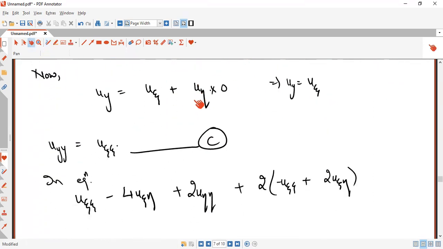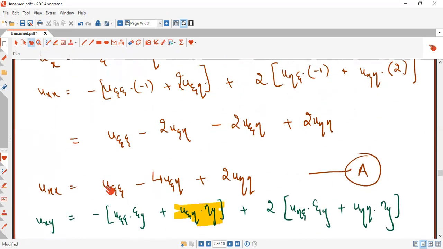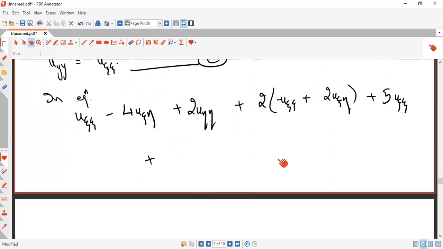Plus 5 times u xi xi, plus ux. What is ux? Minus u xi plus 2 u eta. Check what term is getting cancelled. U xi xi minus 2 u xi xi, and 5 u xi xi makes 4.